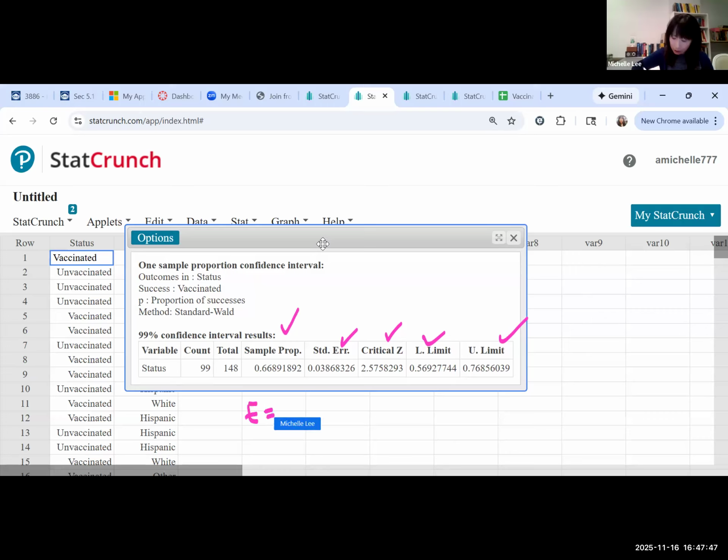Margin of error is a critical z value times standard error, right? So I have to calculate by myself. So that will be 2.576 times the standard error, 0.03868.